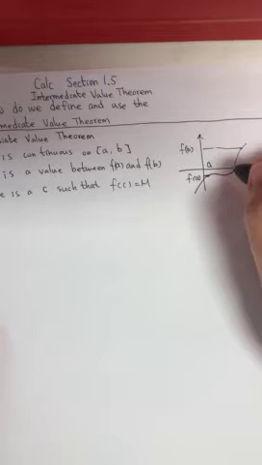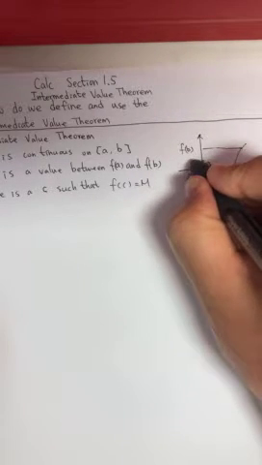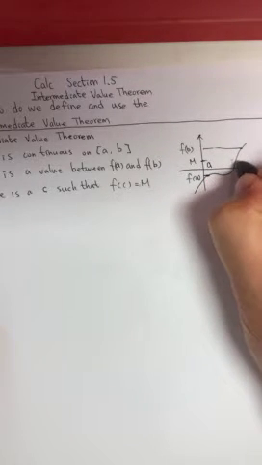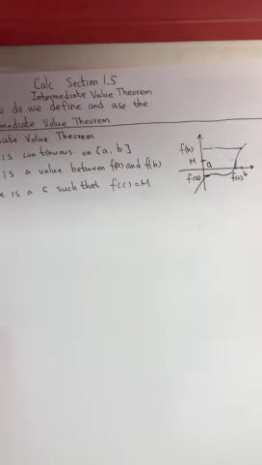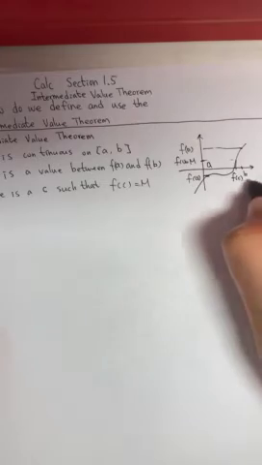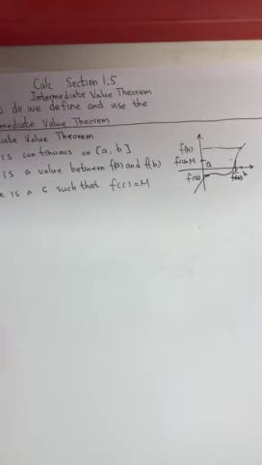And then you have a value in between f of a and f of b, which is m. You will find that there is a value c, where the x value is c, so it's in between, intermediate.